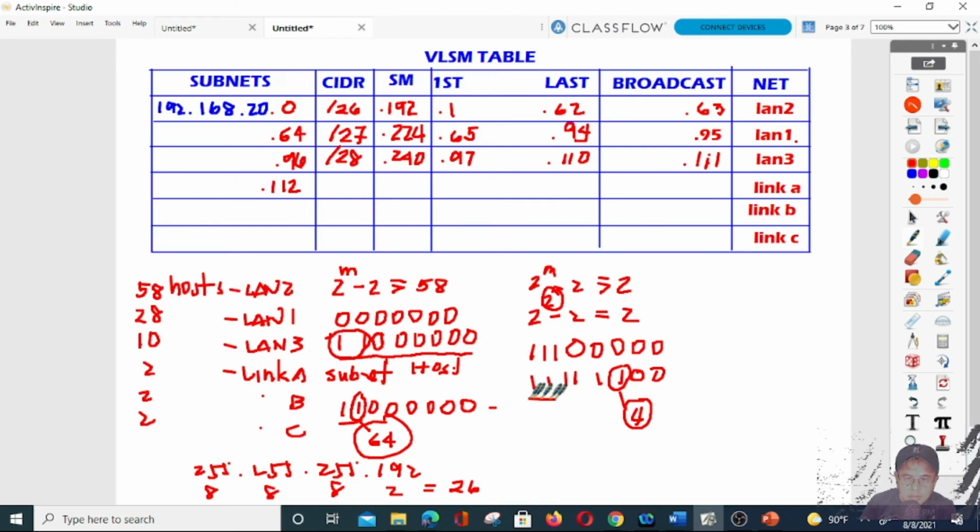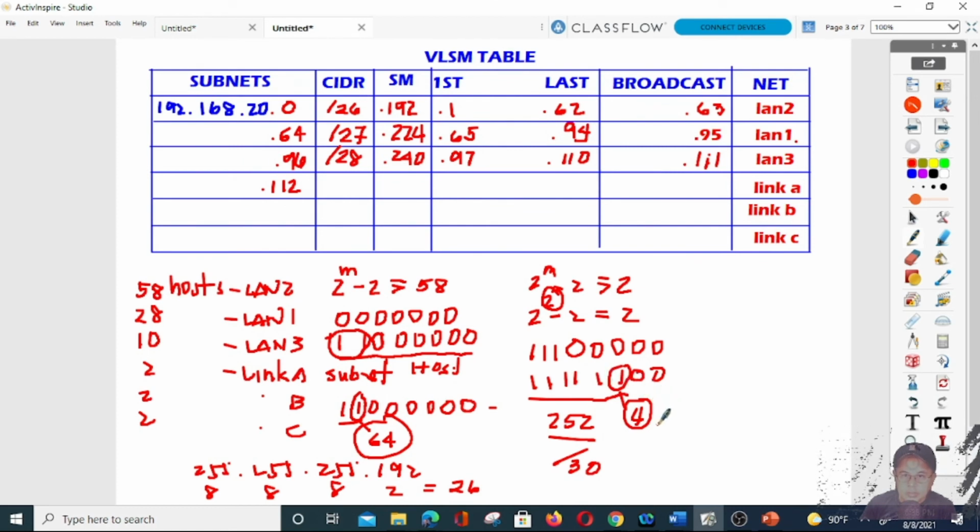And then if we add these 6 ones, this is 252. Sorry, 1, 2, 3, 252. Yes, 252. So this is our new subnet mask, and this is equivalent to slash 24 plus 6, this is slash 30, because there are 30 ones.